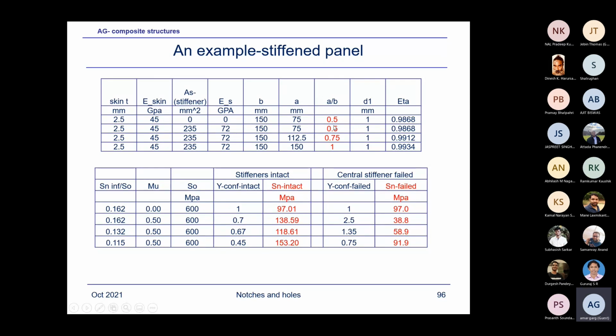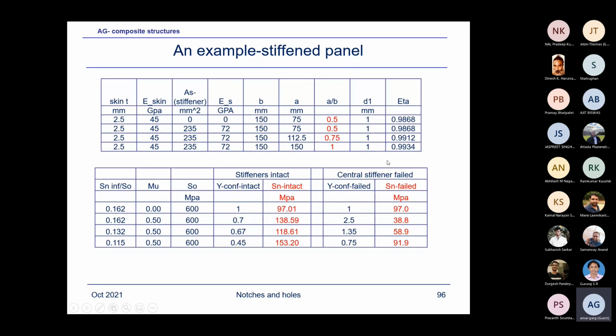Just made up the values and picked up those characteristics from those charts. E_s, I assume 72 gigapascal for the stiffener modulus. B, that is the pitch of the stiffeners, 150 millimeter. Initial crack length I consider 75, and then 112, 150. So D1, the stiffener dimension, I assume to be 1.